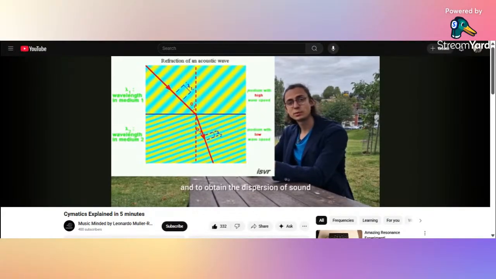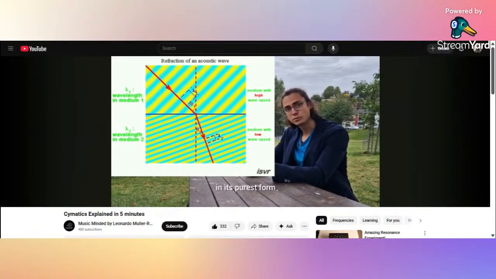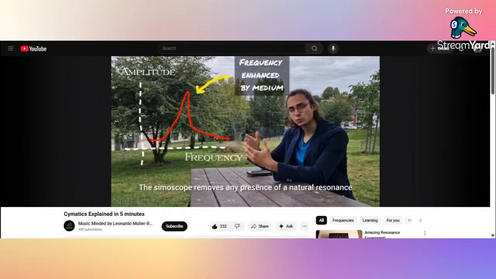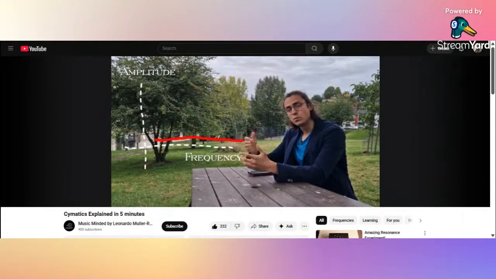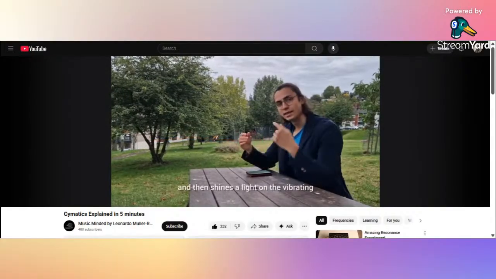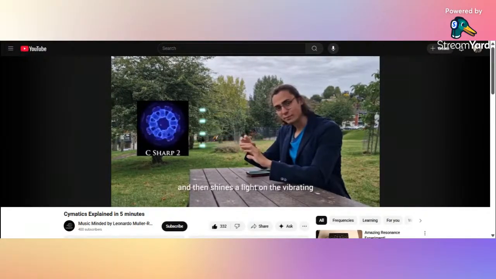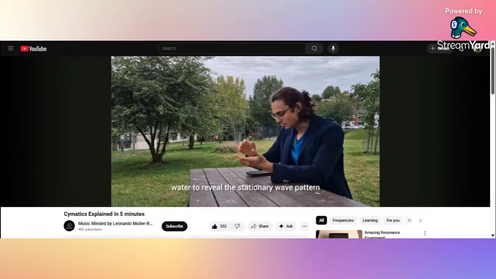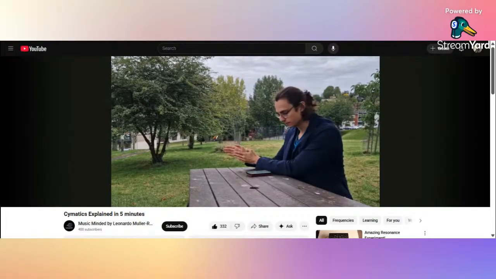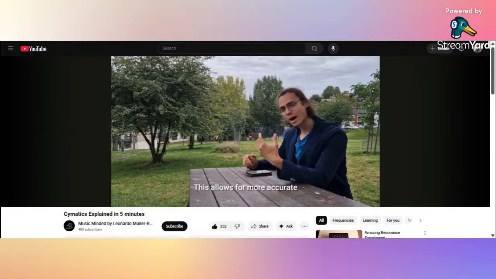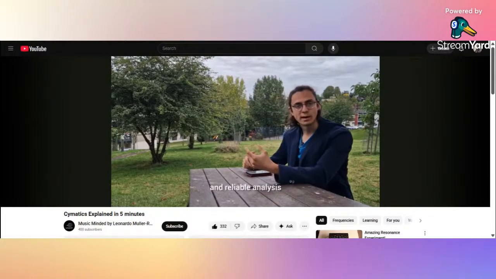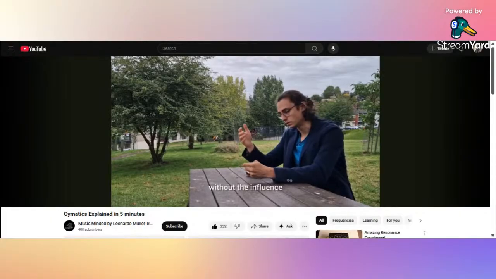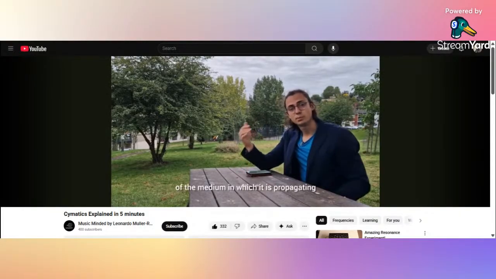And to obtain the dispersion of sound in its purest form, the cymoscope removes any presence of a natural resonance of a medium with electronic filtering, and then shines a light on the vibrating water to reveal the stationary wave pattern corresponding to that sound. This allows for a more accurate and reliable analysis of sound. In other words, without the influence of the medium in which it is propagating.